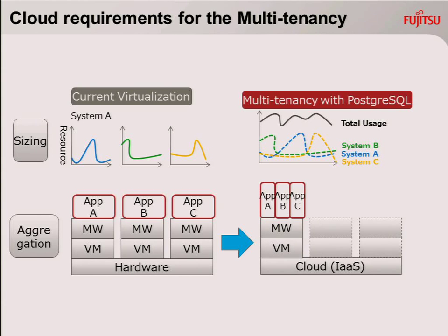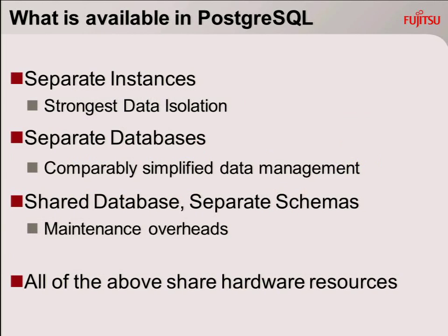Okay. Yeah. So this is the multi-tenancy use case. So you have the resources; they need to be available all the time. So what we do have in PostgreSQL already is separate instances. Strongest data isolation.